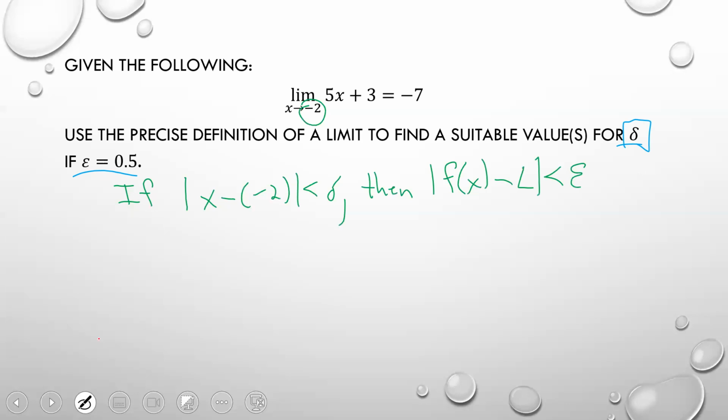Okay. And again, our goal here is to find a delta value.